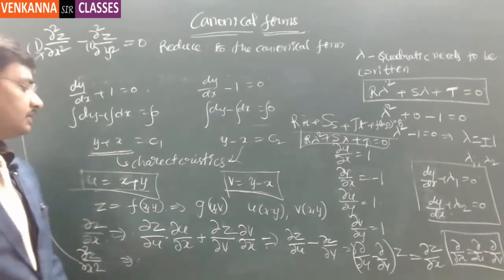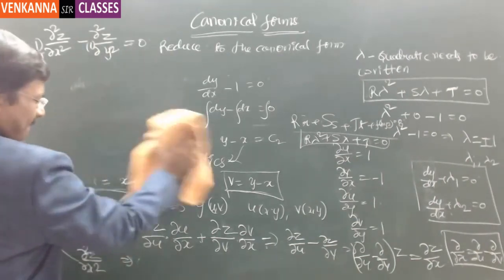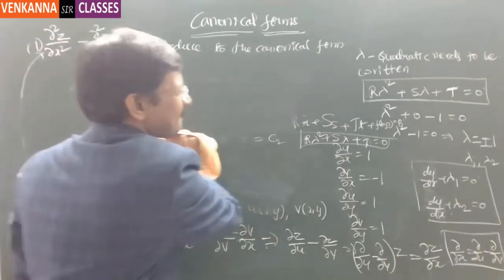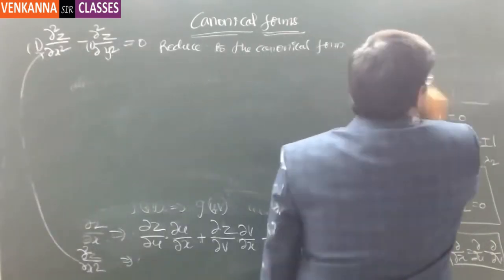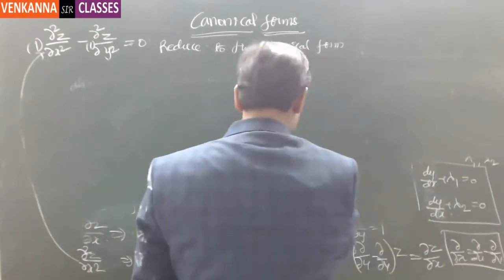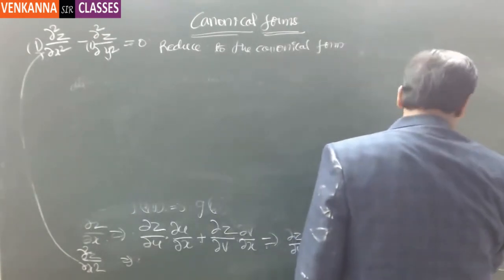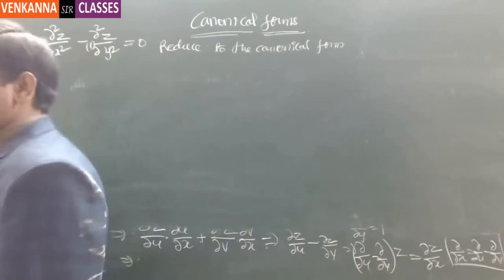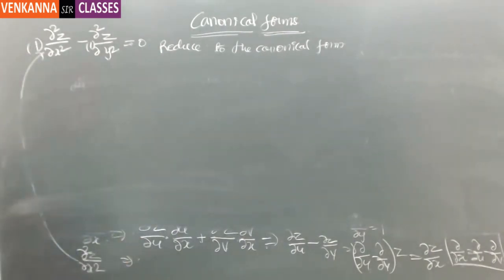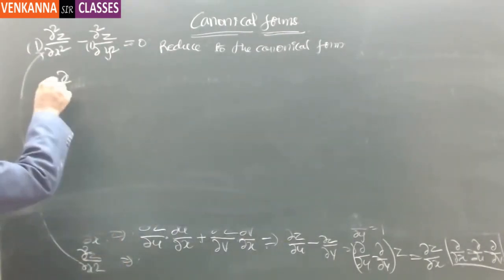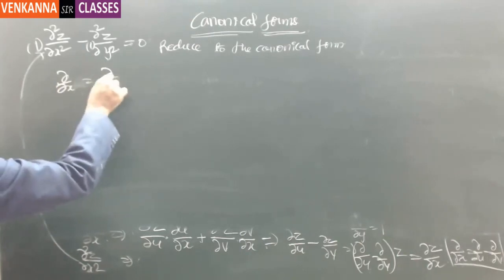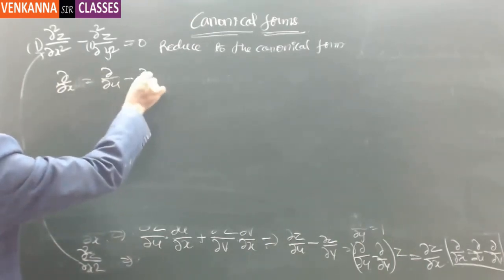So once you got this, we got this value as dou by dou x. Dou by dou x is equal to dou by dou u minus dou by dou v.